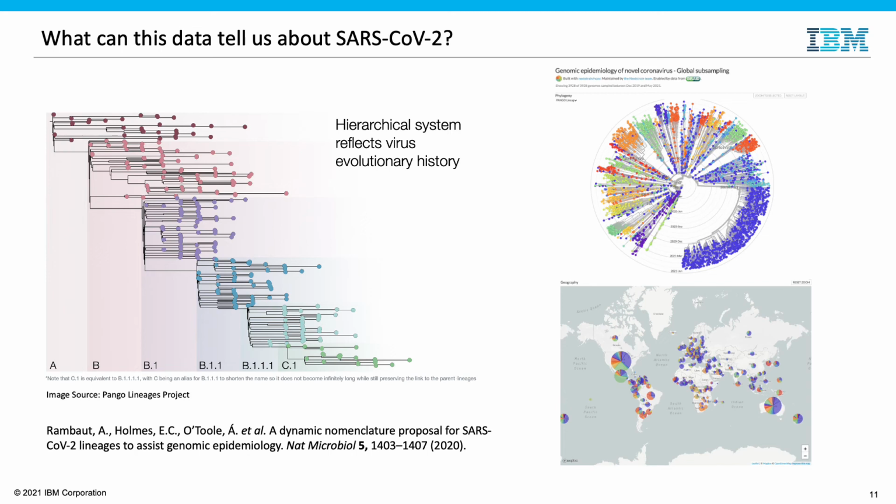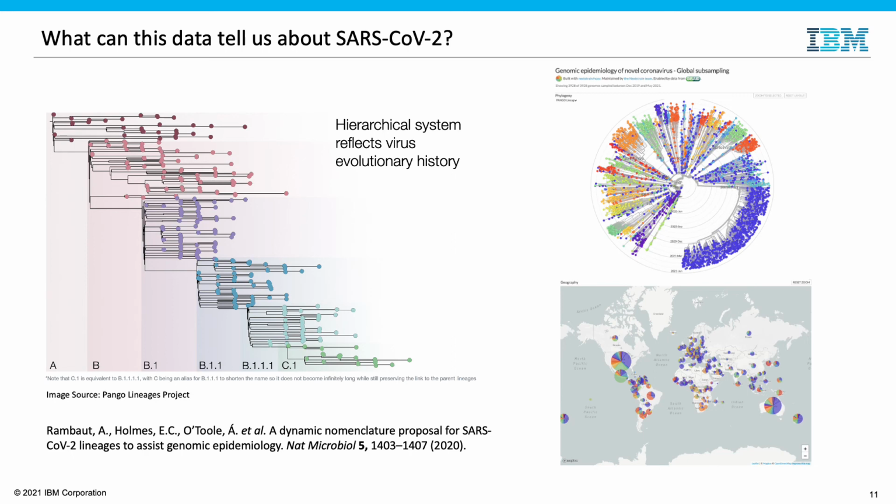And as you know, in December is when we started to see more of an expansion of the different variants and variants of concern. This screen grab was taken a few weeks ago, when the B117 variant, indicated in dark purple on the bottom right-hand side of the phylogram, is really expanding. You can see it as a dominant proportion of the different pie charts across the globe as well.